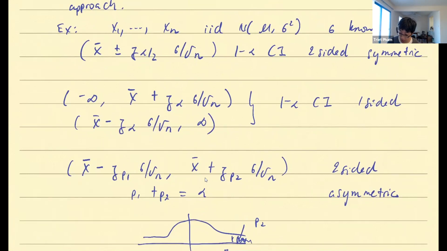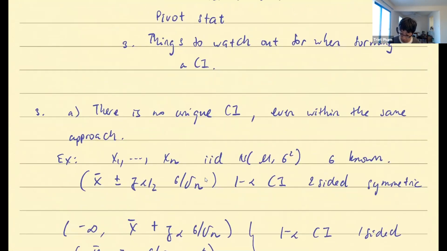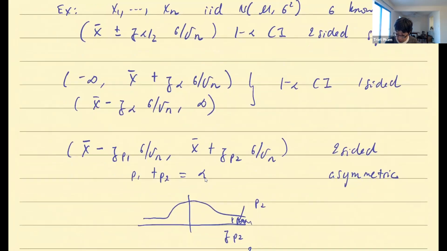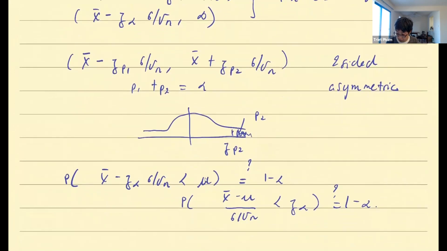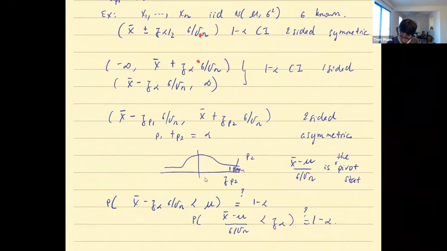So non-uniqueness, I hope, is clear. In other words, maybe let me clarify this. The pivot statistic, what is the pivot statistic? All of these are playing around with the same random variable, this guy right here. So this right here is our pivot stat in this case. So I hope that you see all four are playing around with the same random variable, just breaking it off at different points.